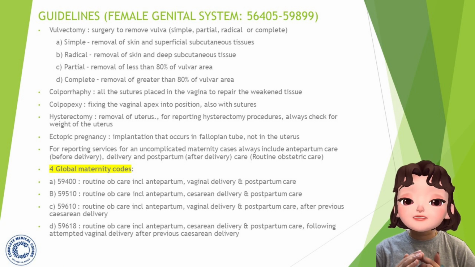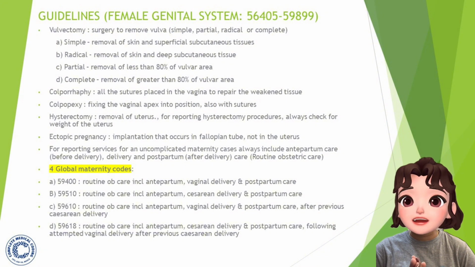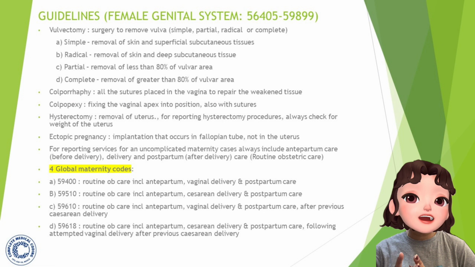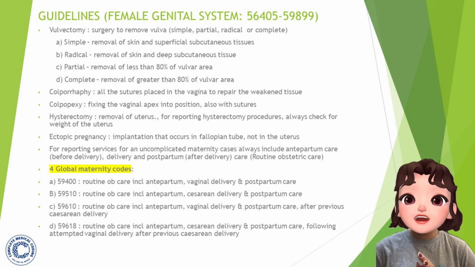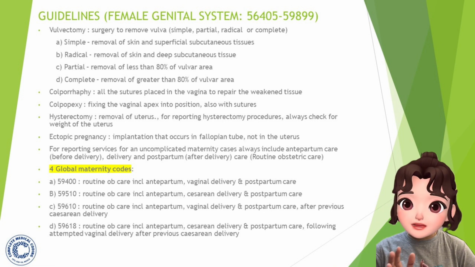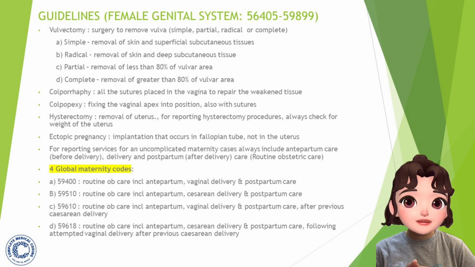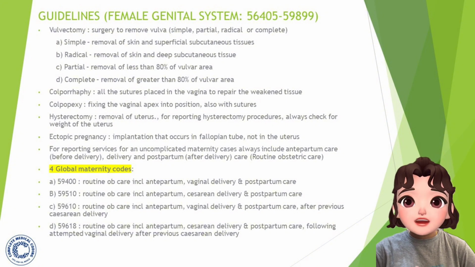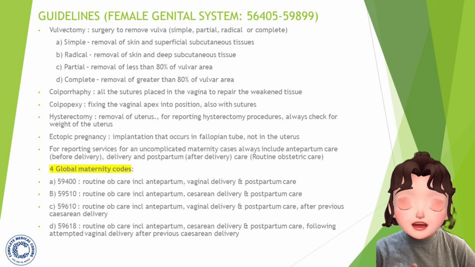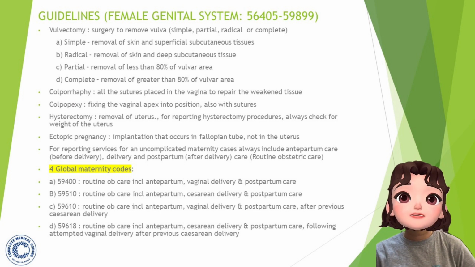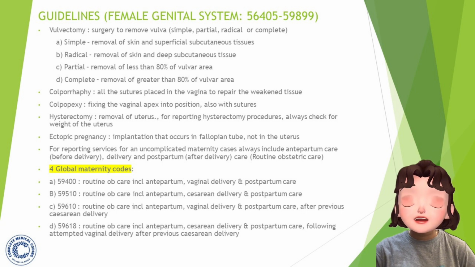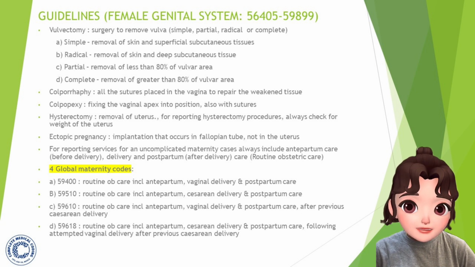So what procedure has been done finally? Antepartum, cesarean delivery and postpartum. But they attempted a vaginal delivery, which was not successful. That's why they underwent a cesarean delivery. In that case, you need to use the code 59618. So these are the 4 global maternity codes. Definitely you will get one question from these maternity codes. One code, and it can also be along with ICD.